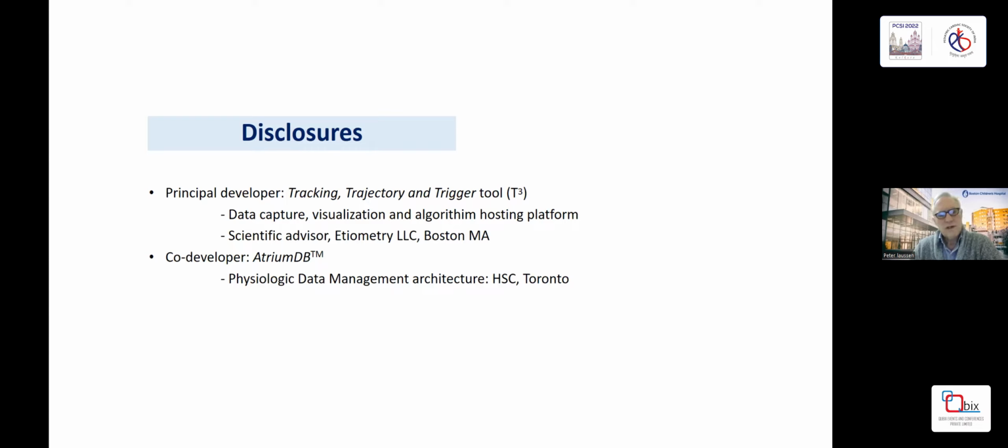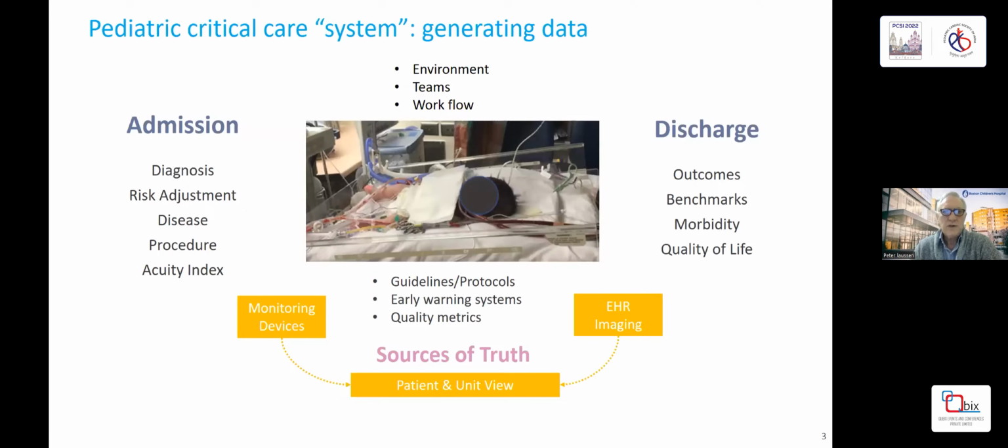But before we can start talking about the use of data for prediction, let's understand how we work. So we have a system that generates data simply by the way in which we manage our patients. We tend to know on admission what the diagnosis is. We risk adjust according to the disease and the procedure.